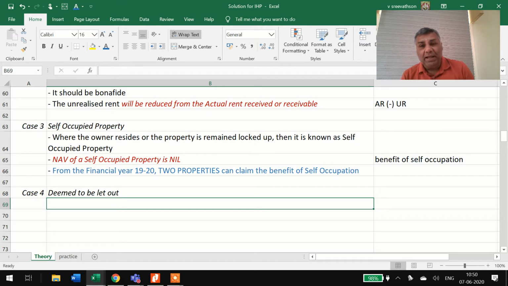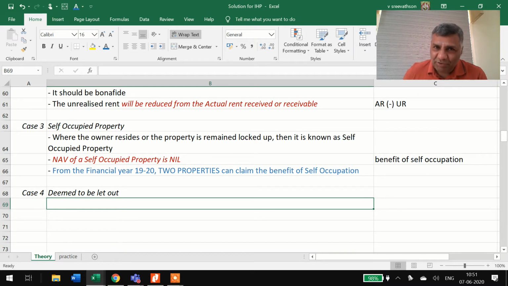Case 4. Deemed to be let out. So our friend was asking: what if I have three properties and all three are self-occupied?